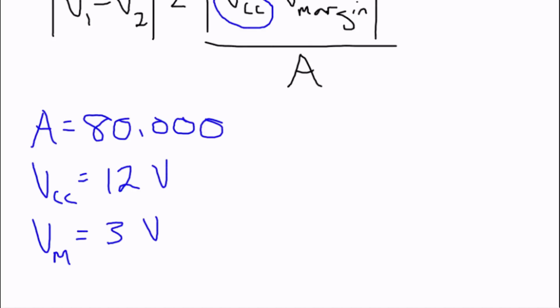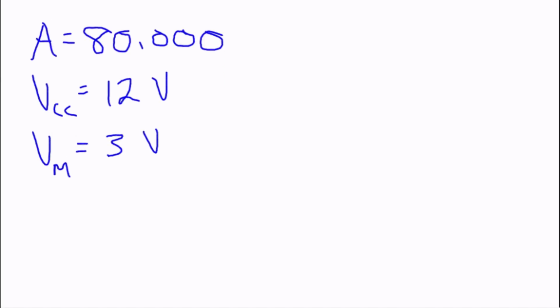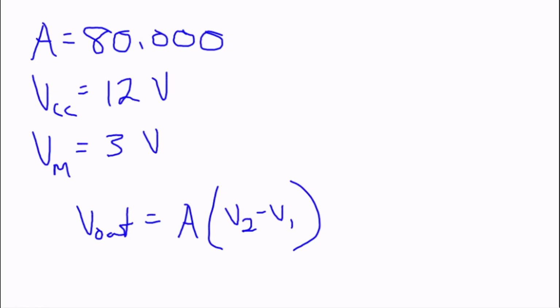So we know from previous videos and studies that the output voltage, Vout, equals the amplification, or the gain, multiplied by the difference, V2 minus V1, or V1 minus V2, whichever you like.